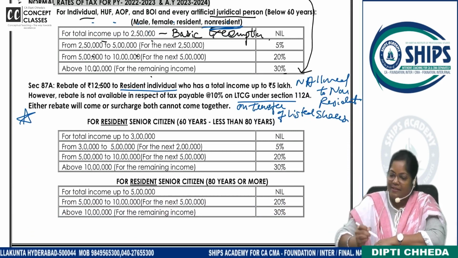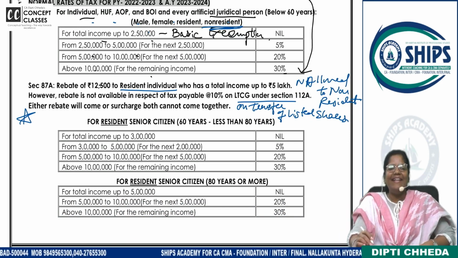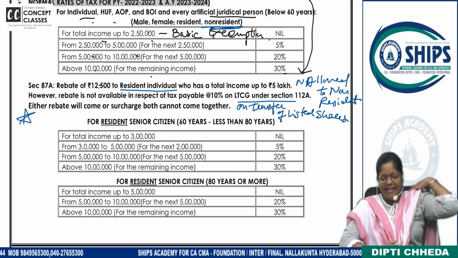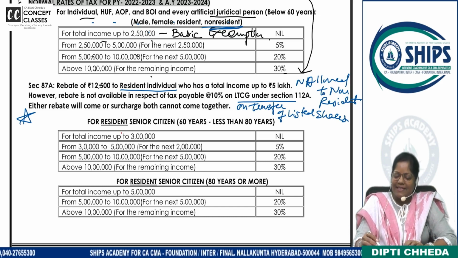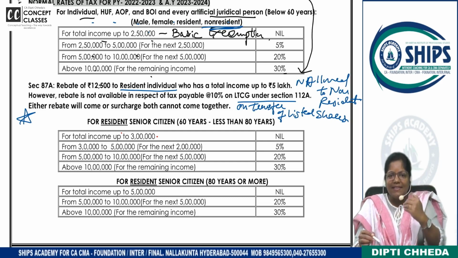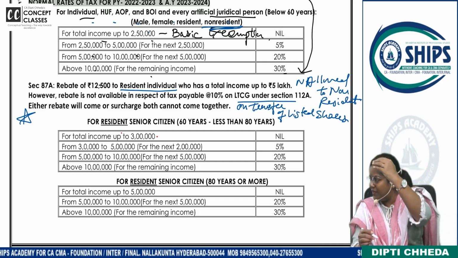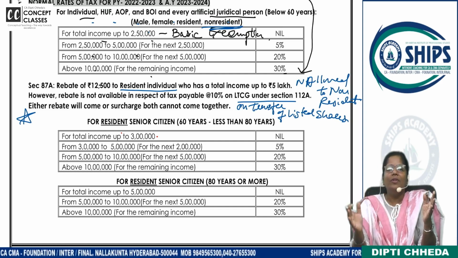Check this. Second table. Why is there a need to give a second table? Look at the second table, dear students. For resident senior citizen. Who is a senior citizen? Whose age is 60 years and above. In which financial year? 22, 23.